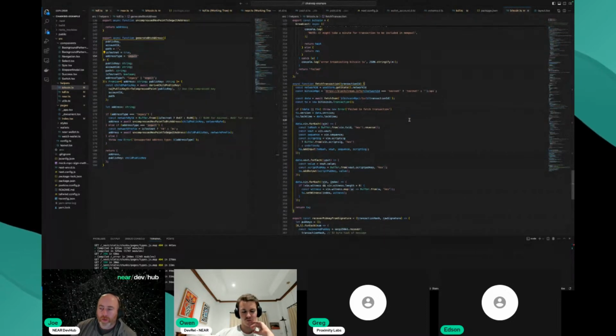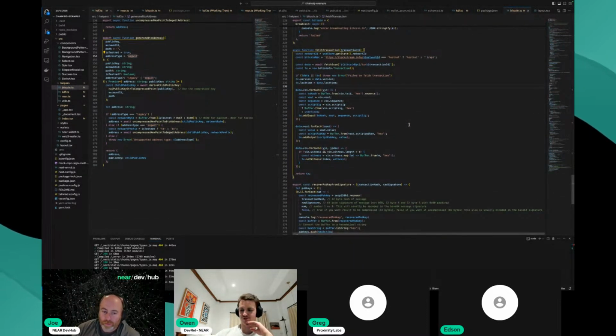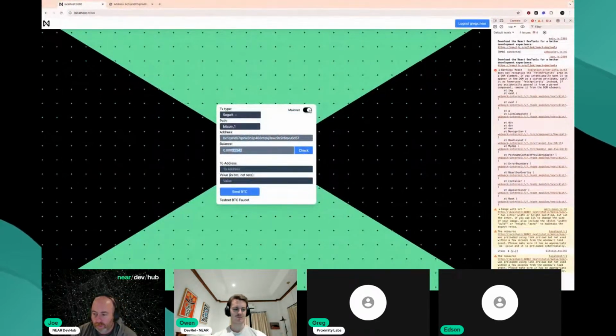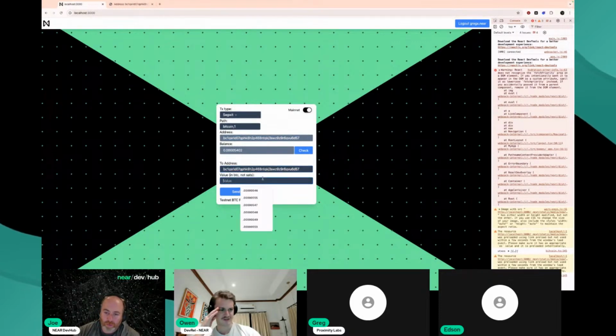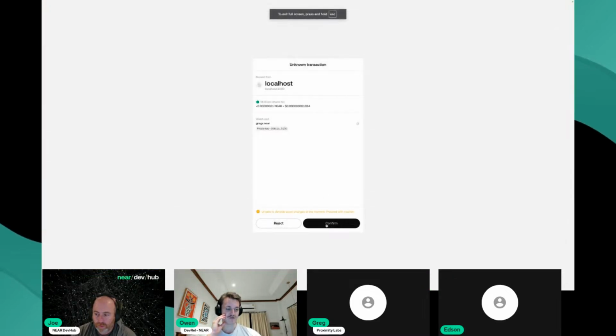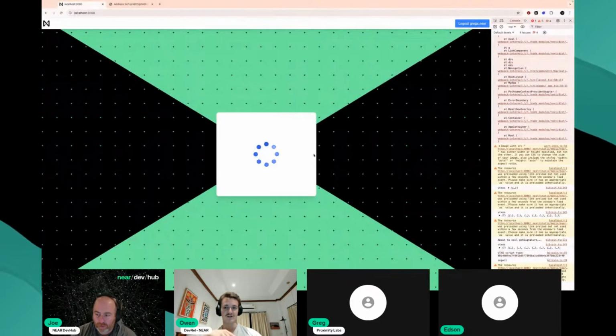Yeah, I think one of the most interesting use cases I've seen so far, I can't remember his name, but one of the devs at Pagoda was creating a Bitcoin wallet where all you need is a Google account to sign up. The front end generates a proof that you own this Google account, which you then send to a Near contract to verify.